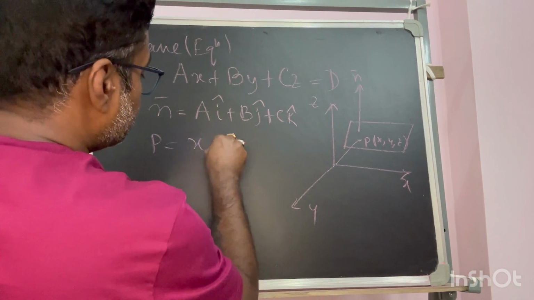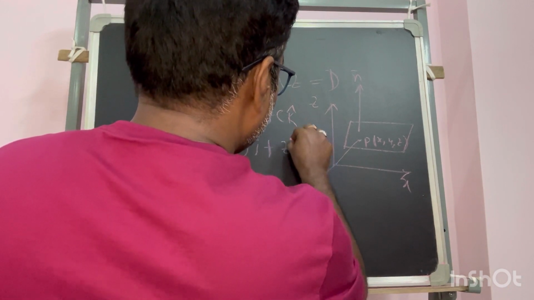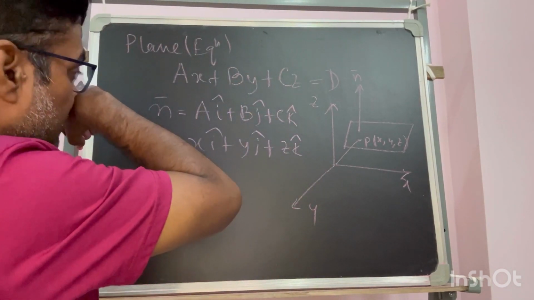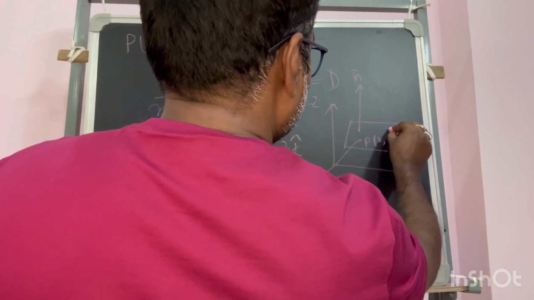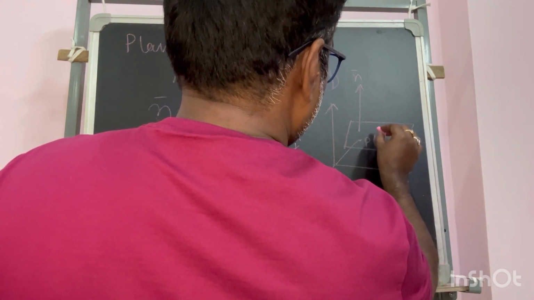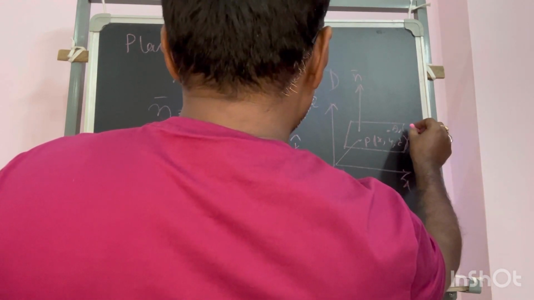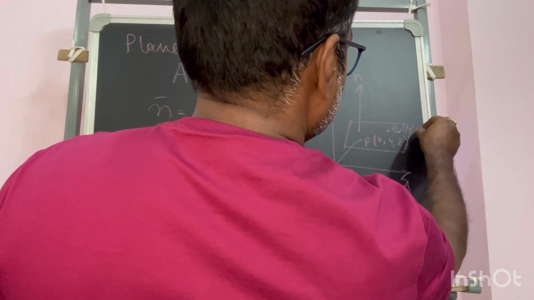Any point p on the plane is given by xi + yj + zk, and another point, let's say q, is a known point given by (x0, y0, z0).